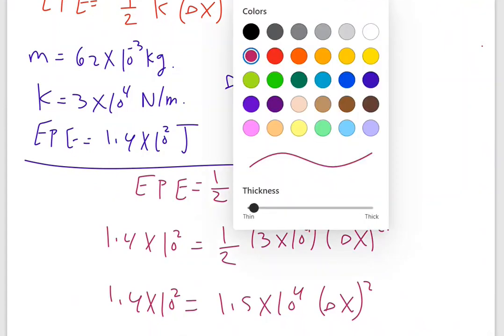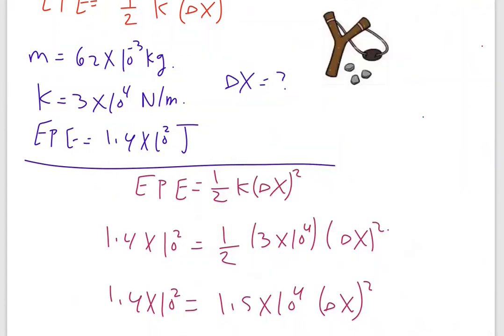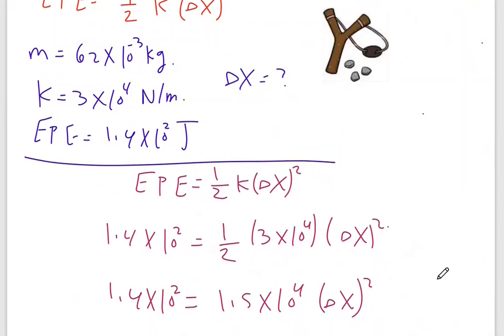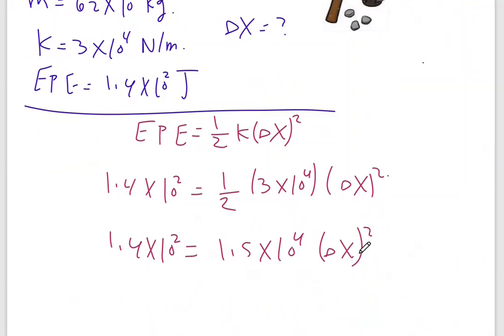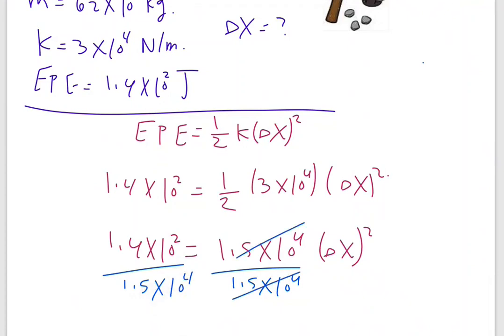Now I need to get rid of 1.5 times 10 to the power 4, so to keep the variable delta X squared alone by itself, I'm going to divide both sides by 1.5 times 10 to the power 4. Okay, and this is delta X squared.